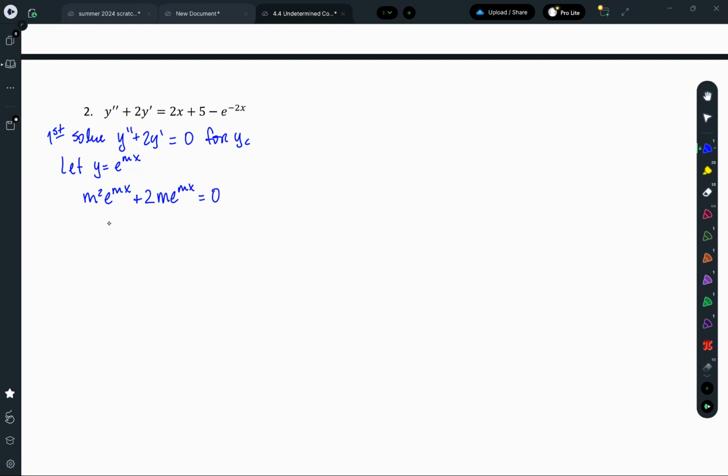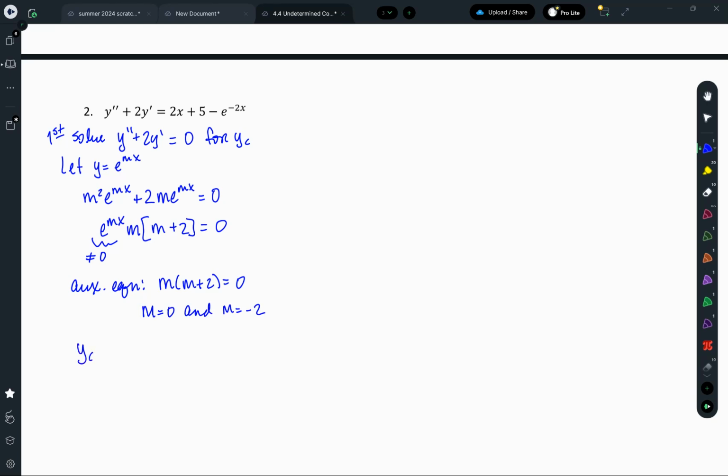E to the mx is common to both, and so is m, so I'll factor both out, and that leaves behind an m plus 2. That's all equal to 0. The e to the mx is never 0, so that means that our auxiliary equation is m times m plus 2 equals 0, which gives us solutions m is 0 and m is minus 2.